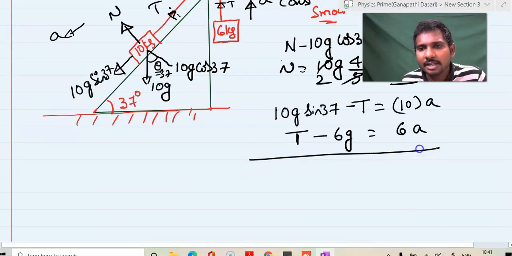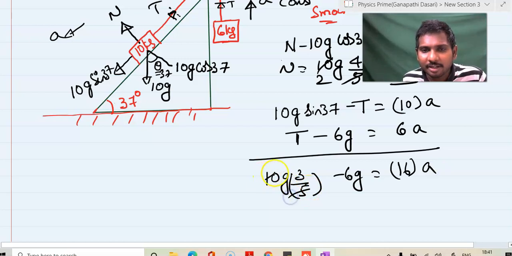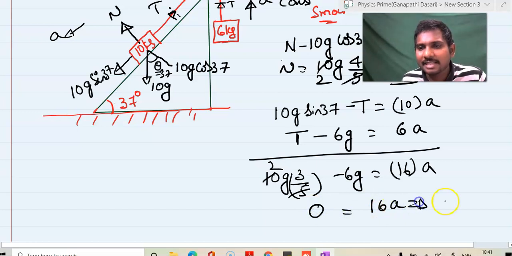So if we solve these equations, T will be cancelled. 10g sin 37, which is 3 by 5, minus 6g is equal to 16a. In this case, you see wonderfully, 5 twos are 10. This is 6g minus 6g, that is 0, is equal to 16a. That implies the acceleration of the blocks is 0.